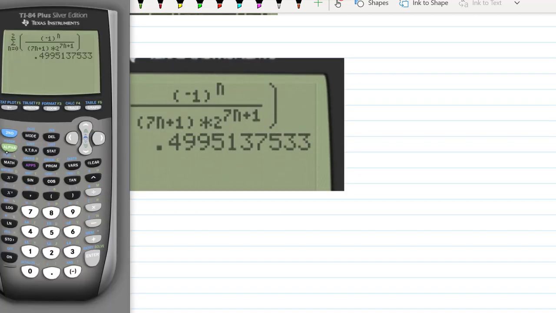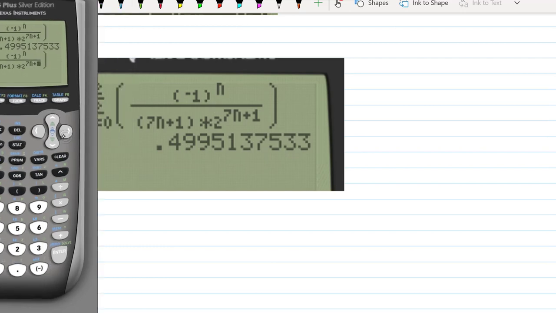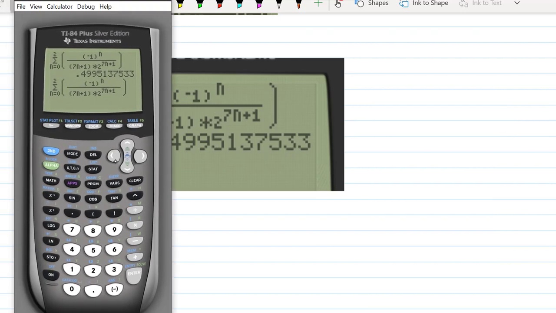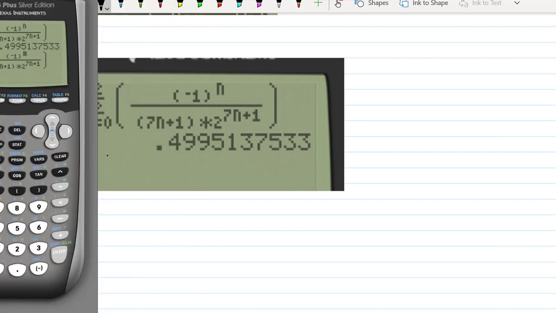So just to see, if we go second entry, and we go back to the very beginning and we change the sum from 2 to 3, come back.